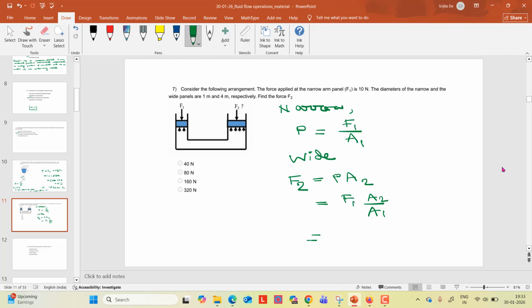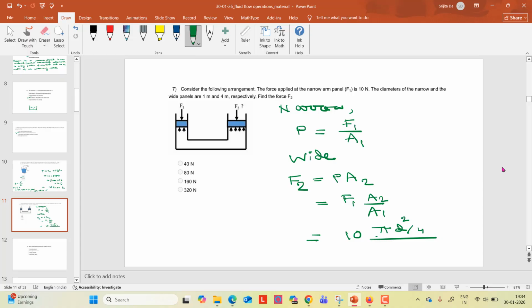F1 is 10 Newton, A2 is pi d square by 4.